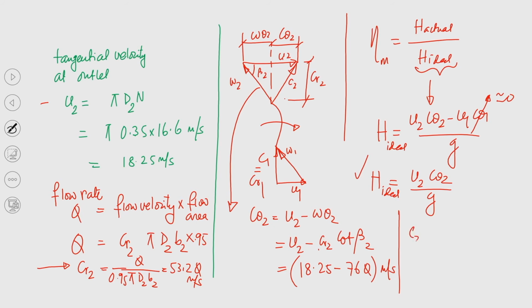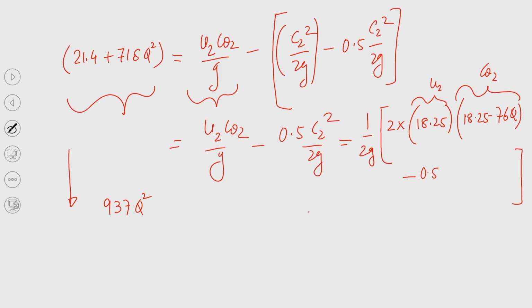So, C2 square equals CR2 square plus C theta 2 square. What is CR2 square?